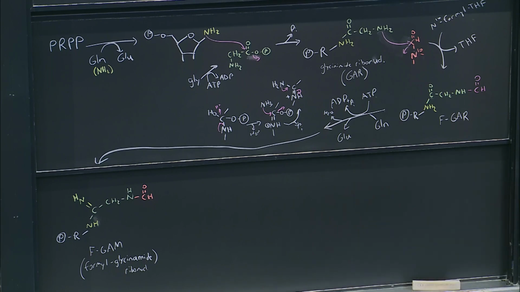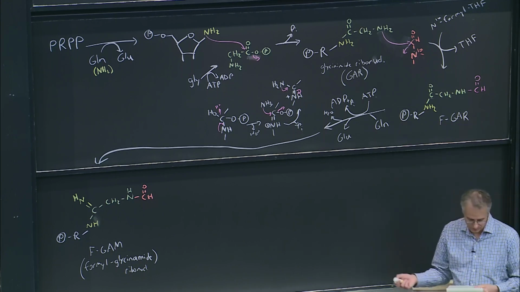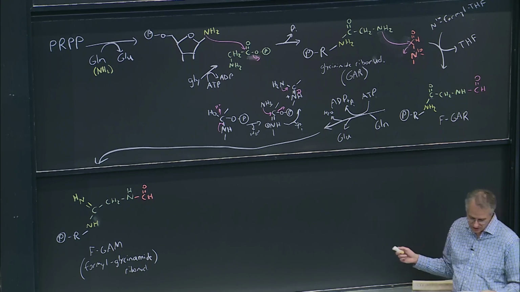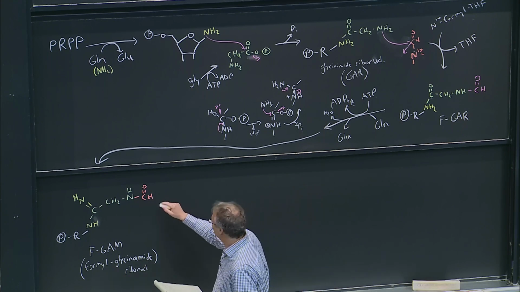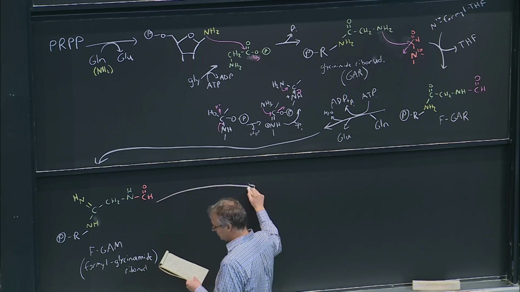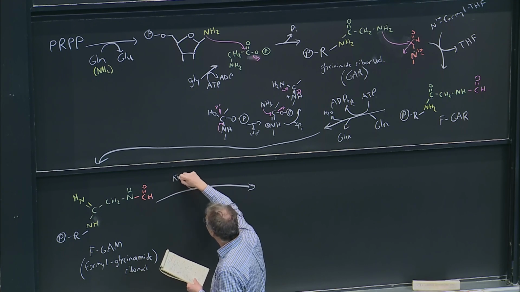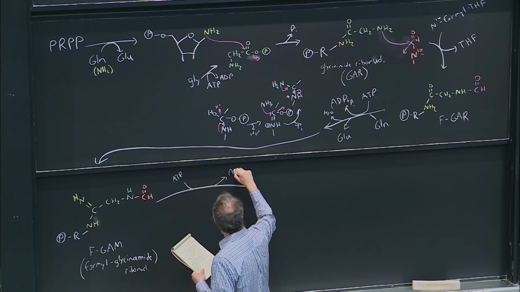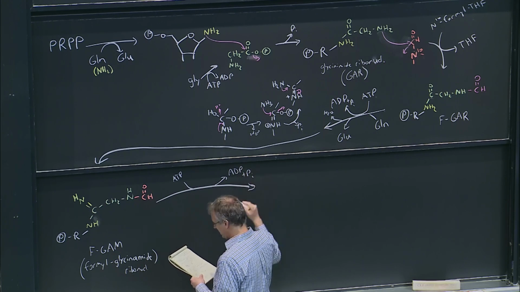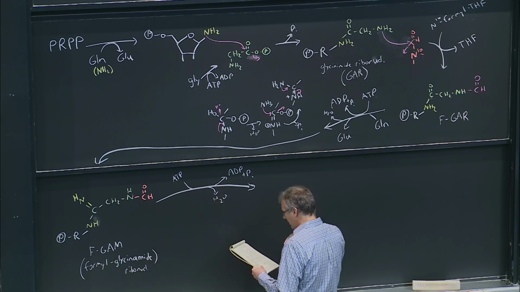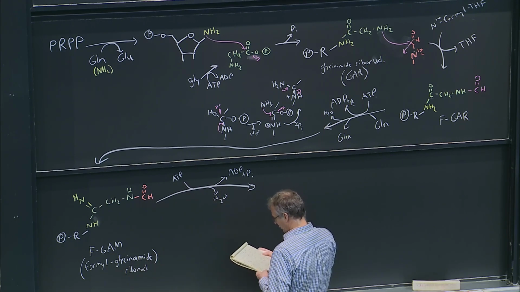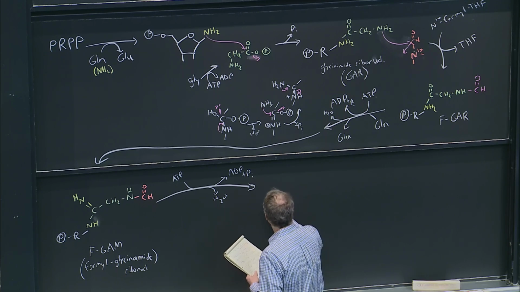Make sense? All right, the next reaction is also a little bit complex and maybe hard to see. Again, I will draw it out. If you don't follow all of it, don't worry about it, but it's nice for those of you who want to follow it to see what's happening. So again, now we're going to take another ATP, hydrolyze it to ADP plus Pi, release a water, and in the end, what we're going to generate is we're going to close this ring.